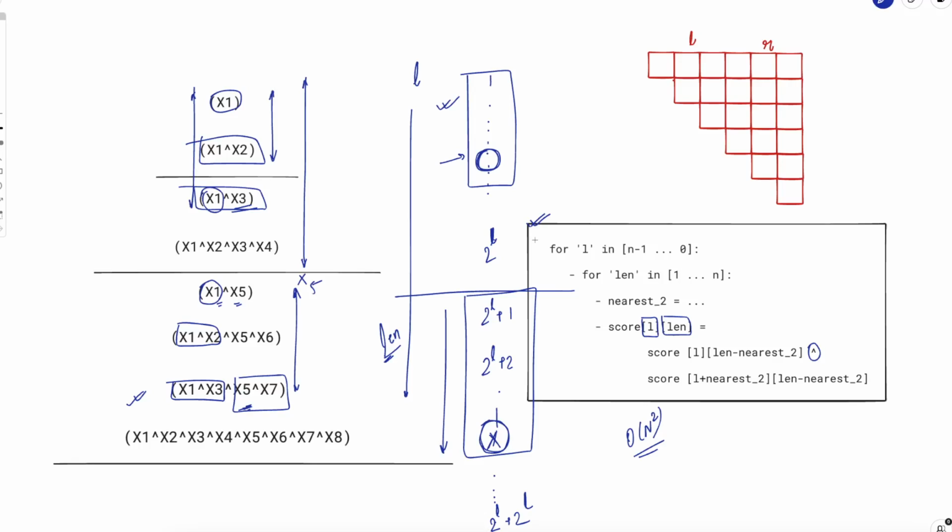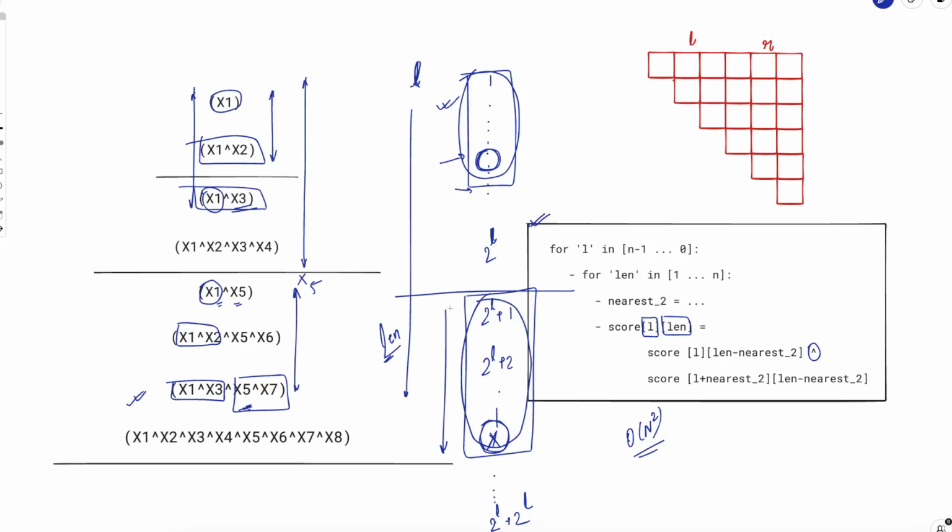And the observation was simply, for any given x, look at the mirror image of that with the nearest power of 2, take that particular value, and also take the value starting at the mirror image position, and just XOR these two to get the answer. So what is this? This is basically everything starting at L to the value which is at x minus the nearest power of 2. So this is what the value is.